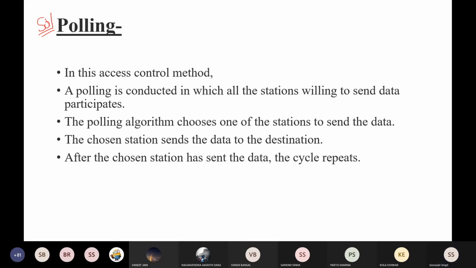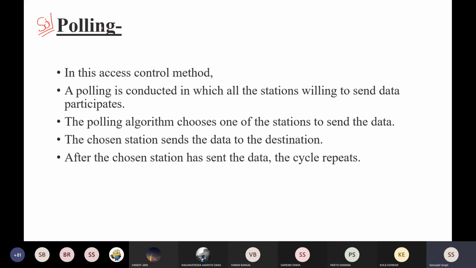You already know the problem: if some station wants to send data and other stations are just sitting idle, suppose station A wants to send data, it has to wait for its turn after B, C, and D. But B, C, and D are sitting idle because they do not have anything to transmit. So what does polling do?